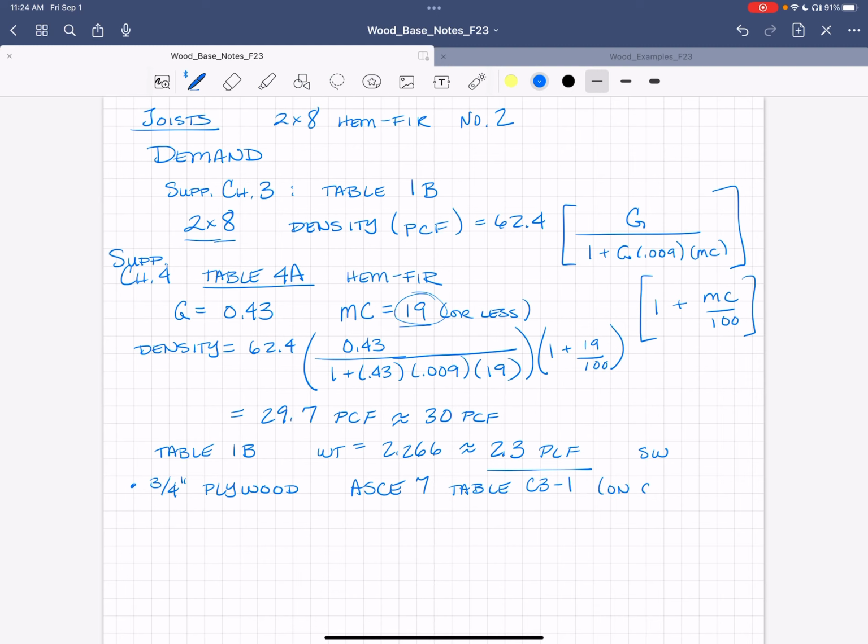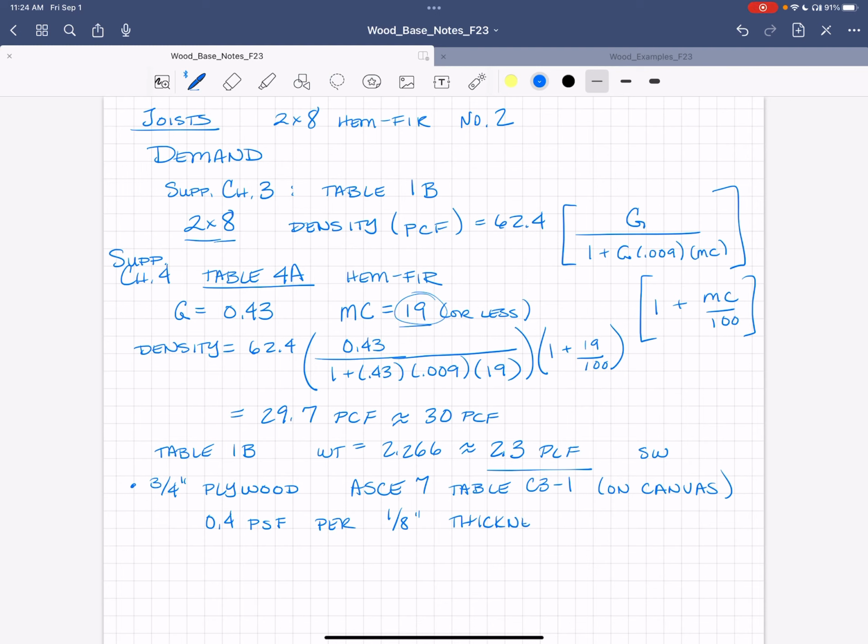That's on Canvas. It's with the note packet, in the handout area. So we're going to go into that table, and that has the values for various materials. I'll let you go in and hunt this down, but for plywood, it is 0.4 pounds per square foot per 1/8 inch thickness.